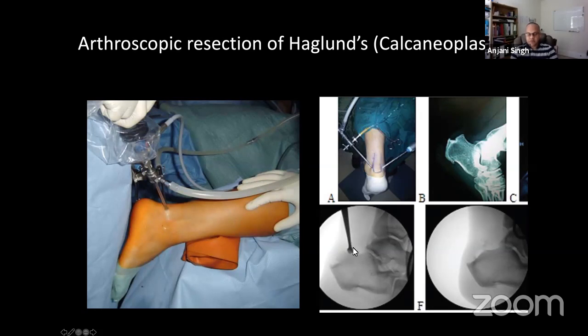You can do some debridement of the retrocalcaneal bursa. At the same time, you can use your bone burr to shave that off, and you can always use X-ray to check how much of that you have taken, because there's always a risk that you might take more, although we always tend to err on the side of taking less.